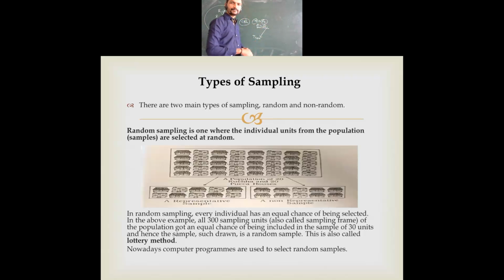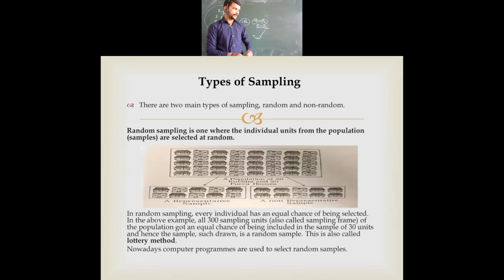There are 10 to 12 friends, and whoever is close to you, you take their names and make the team. This kind of thing we call non-random sampling. This is the general overall picture of what random sampling is and what non-random sampling is.